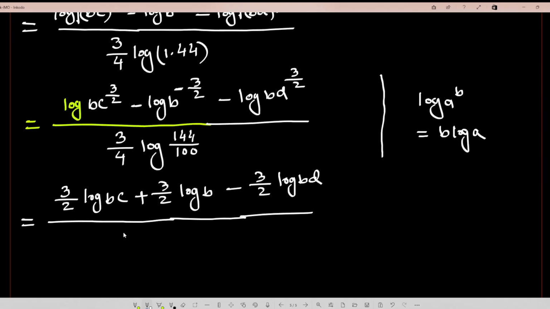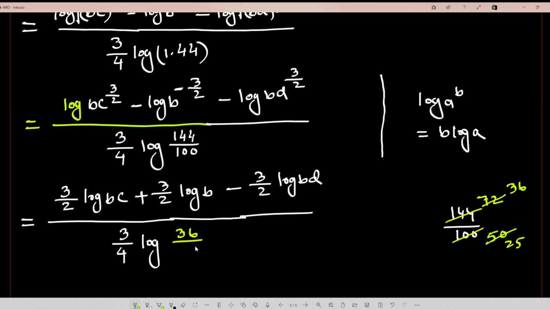Here is 3 by 4 log 144 and 100. If we want to simplify, once we divide by 2 it will be 72 and 50, again we divide by 2 it will be 36 and 25, so we can write 36 divided by 25.